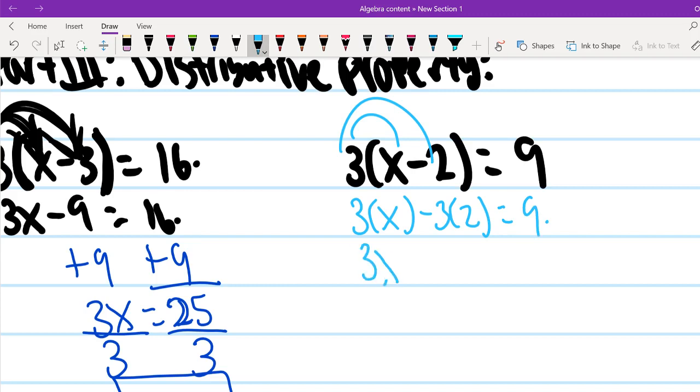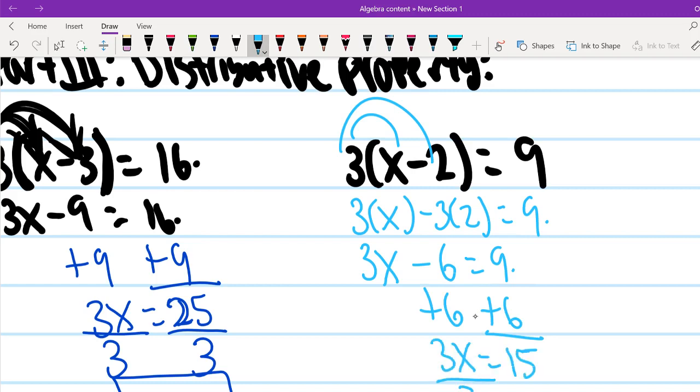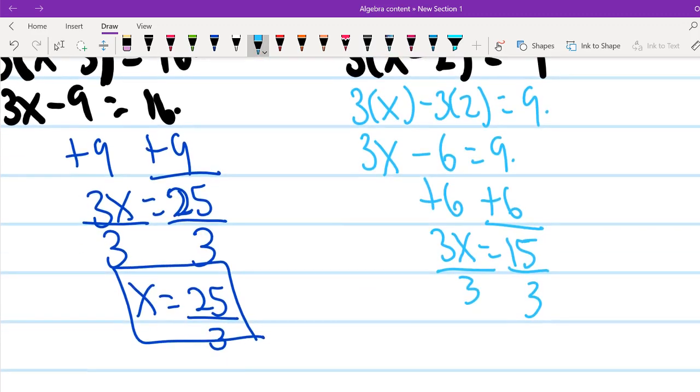So you would say 3x minus 6 equals 9, plus 6 on each side, giving you 3x equals 15. And then once you divide by 3 on each side, you would say x equals 5.